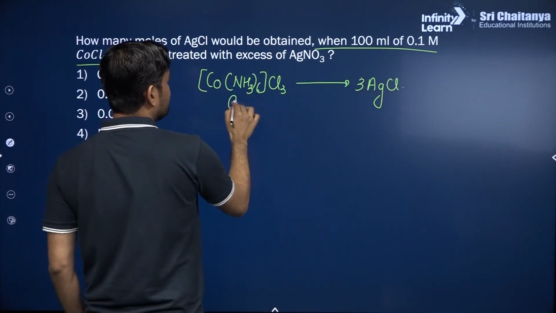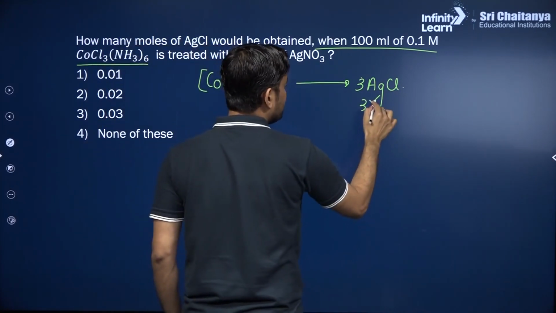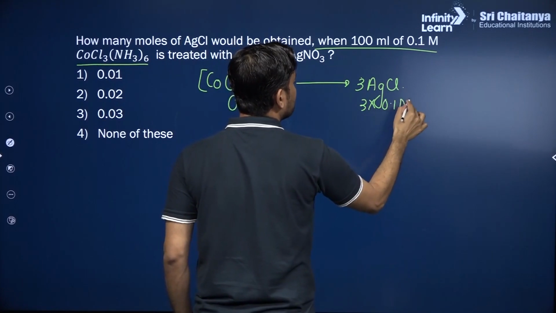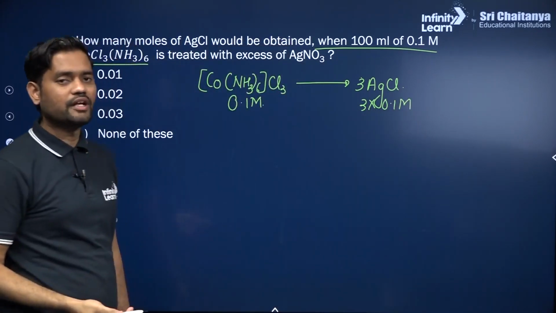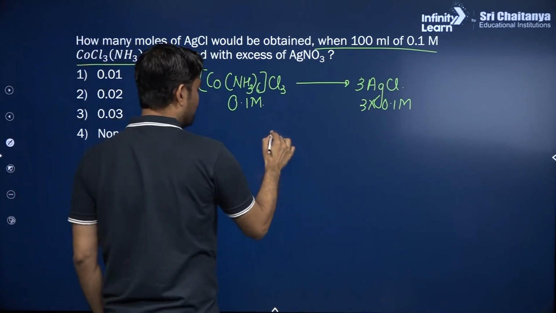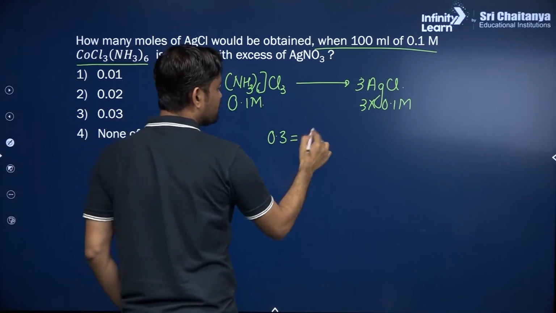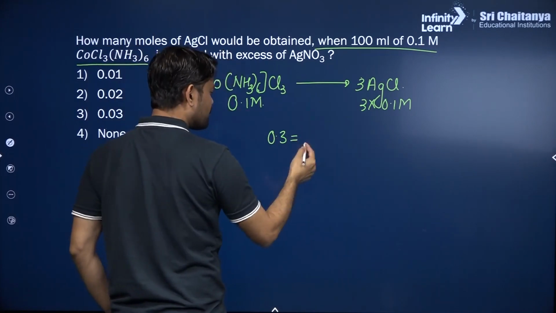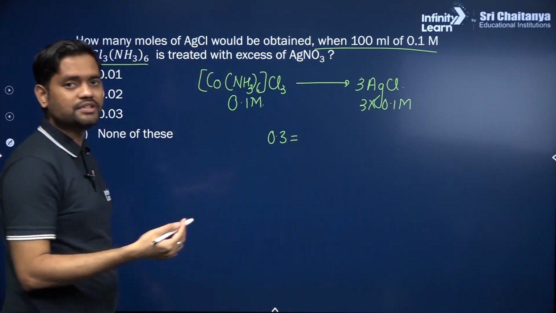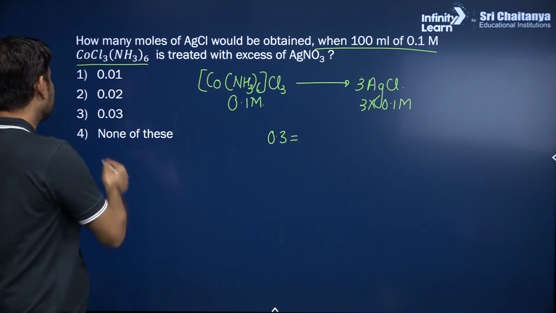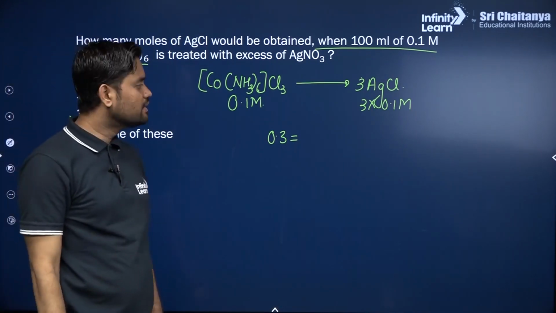So this is 0.1 molar, it will be 3 into 0.1 molar, so that is 0.3 molar. Number of moles will be how much? If you solve this, the volume is 0.1 liter, so you will get the answer as 0.03, as simple as that, clear?